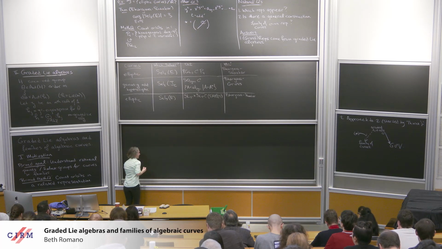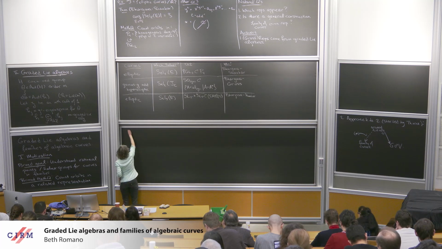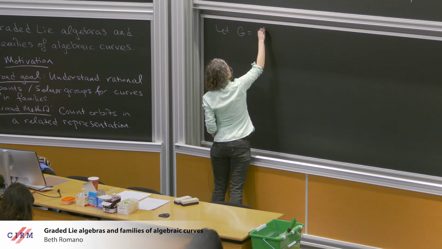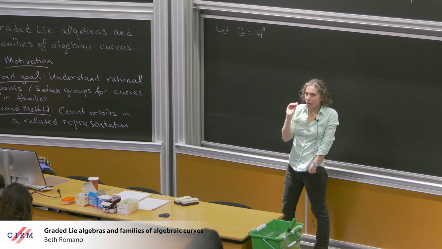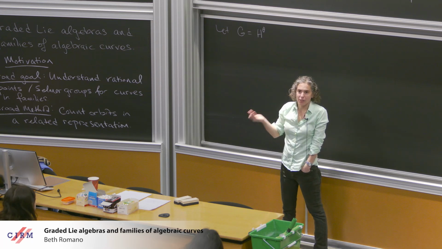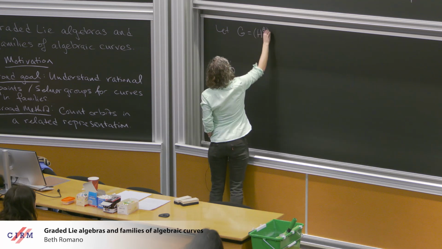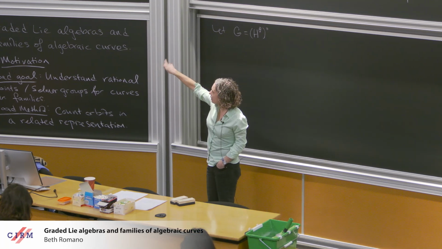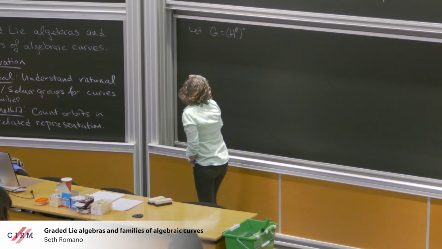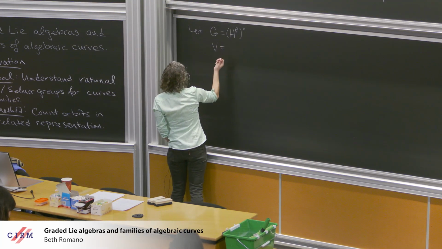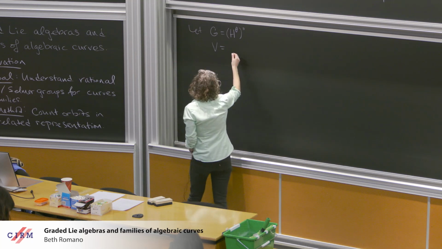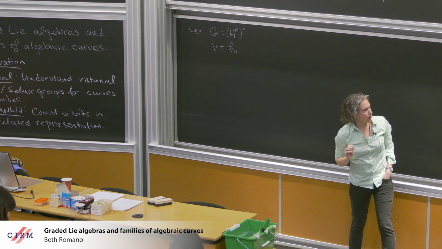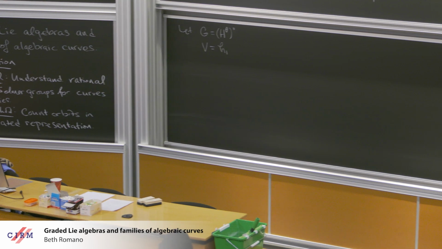The way to define G is to take H and look at the fixed points for theta on H. This might not be connected, so just take the connected component. Then this naturally acts on each of the eigenspaces. We tend to work with the first one, so we'll let V equal H1. So this gives you this arrow here.